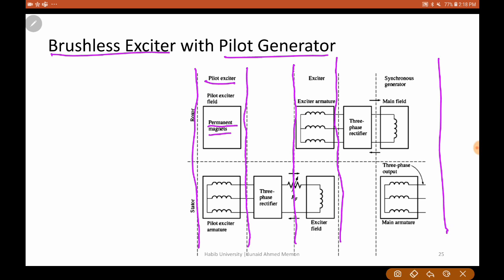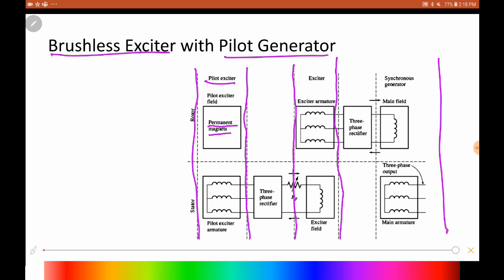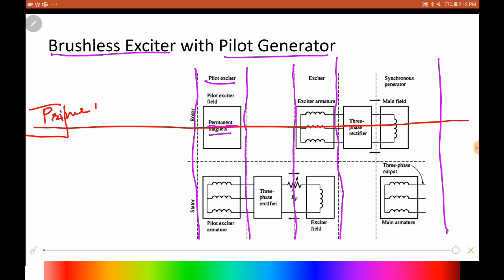We do not have the electric power, but we do have the mechanical power, because this is where the generator is working. So this shaft is connected to some prime mover, and the prime mover is moving it. Now you have one permanent magnet mounted on the same shaft.